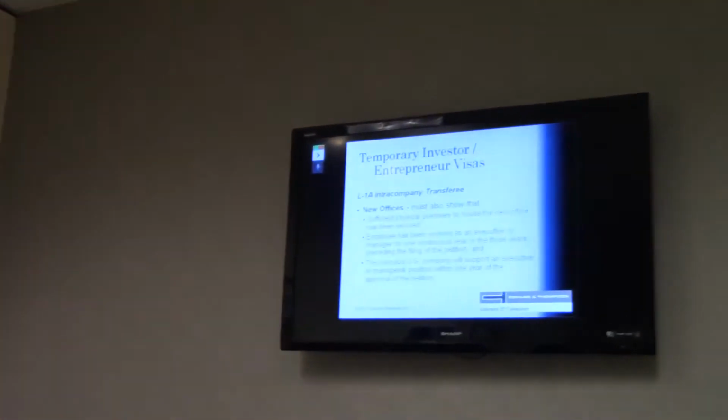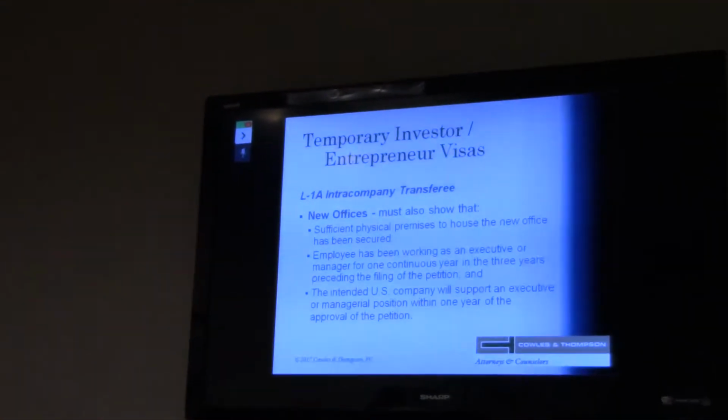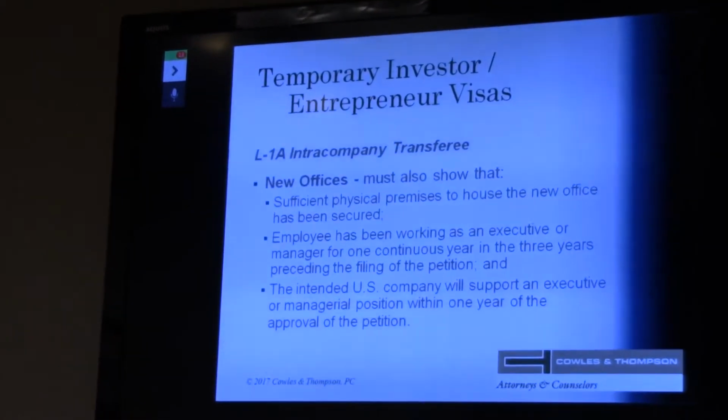The new offices. This one is for those entrepreneurs who have a company outside the United States and decide that they want to come and open a company in the United States, a brand new office. In addition to all the requirements that we just discussed about doing business and all of those beautiful things, there are specific requirements for new offices.